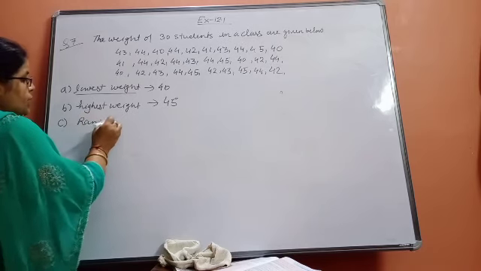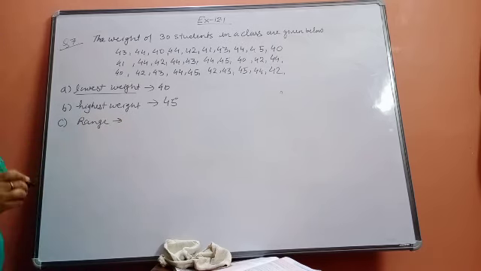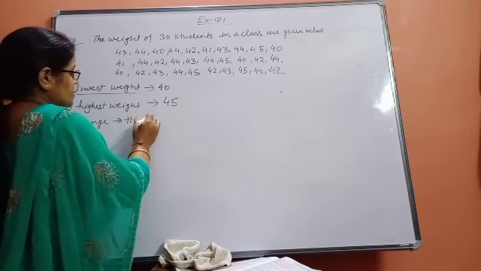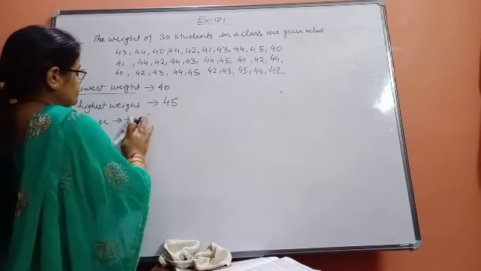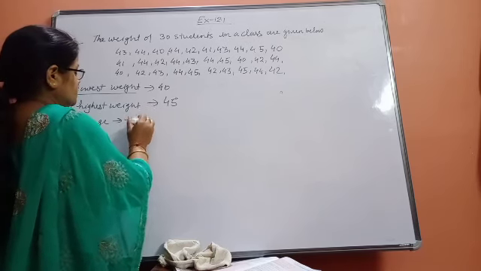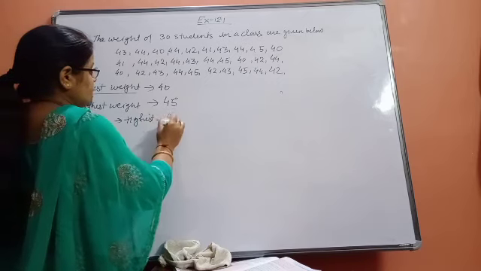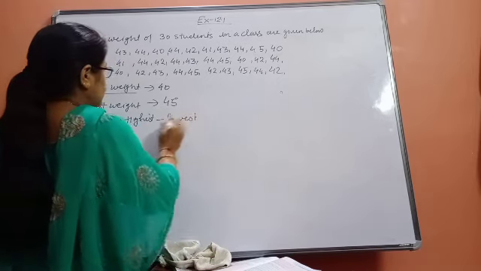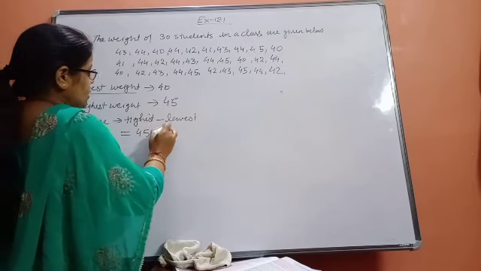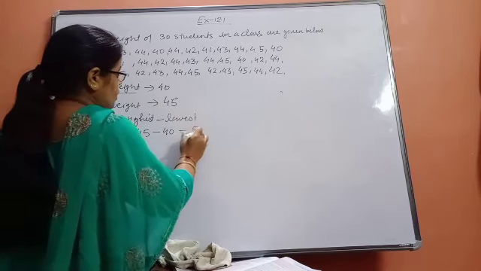In the previous period we learned about the range. Range means highest minus lowest. So highest is how much? 45 minus lowest 40. So range will be 5.